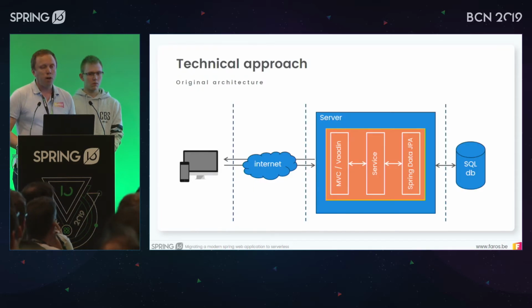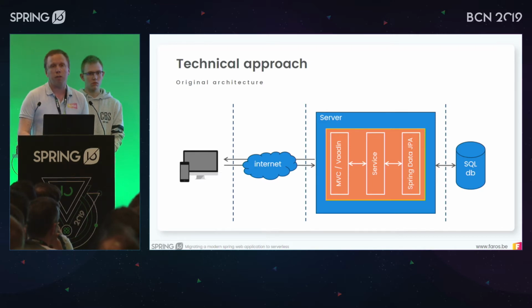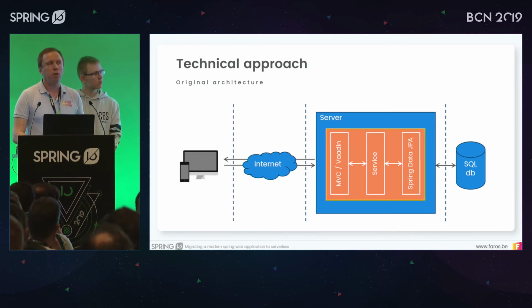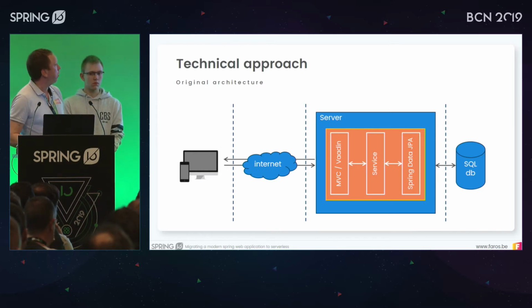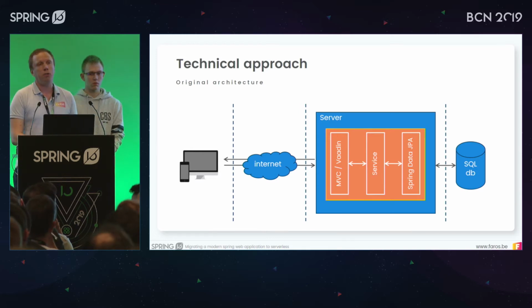Now, if you look at the architecture for this, this is a kind of typical architecture which you might find in a lot of applications these days. And so we have a server which runs an application, which is typically layered, and we have Vaadin on the front end. We have some service layer, some repositories, and so on. All the data is stored in a SQL database as well.